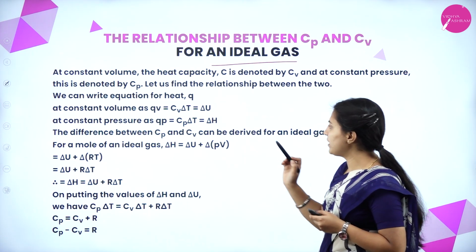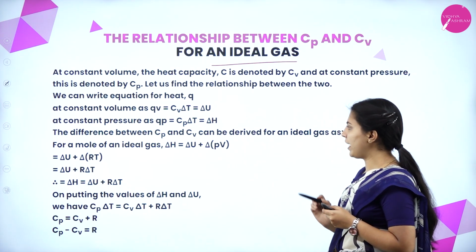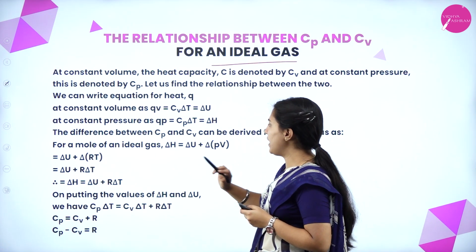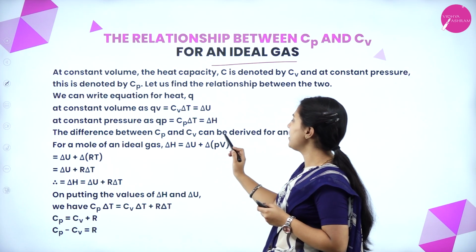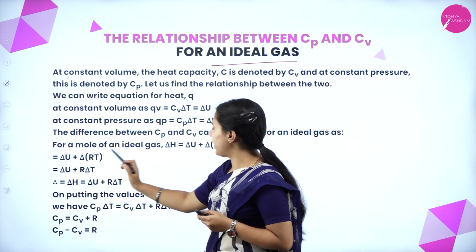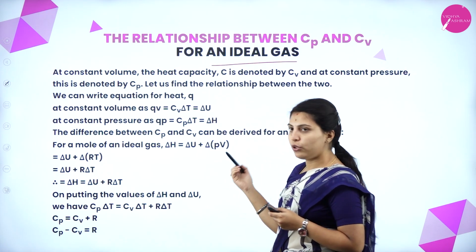The difference between Cp and Cv can be derived from the ideal gas equation, that is, for a mole of an ideal gas, delta H equal to delta U plus delta PV. Delta U plus delta RT, we have taken PV equal to RT.